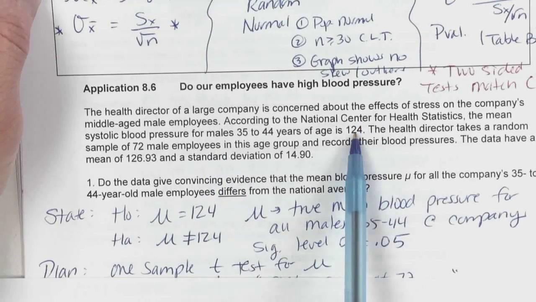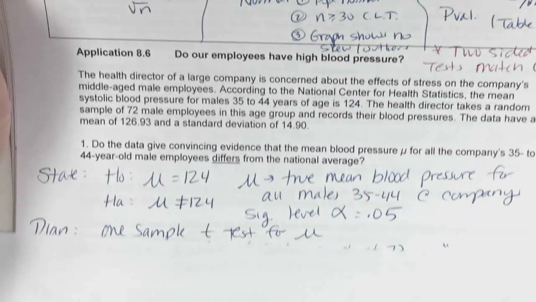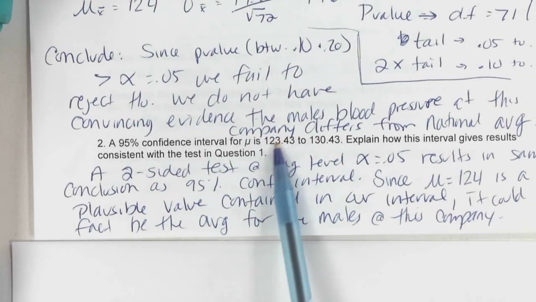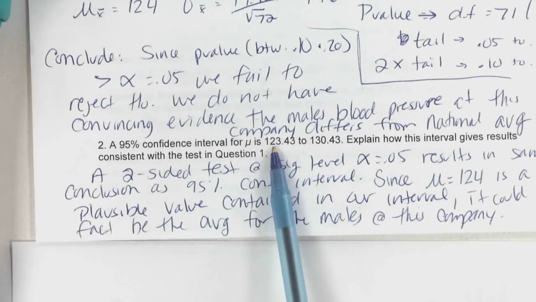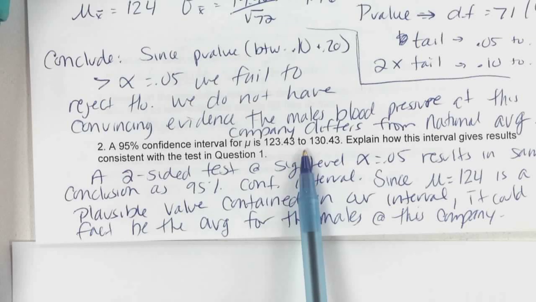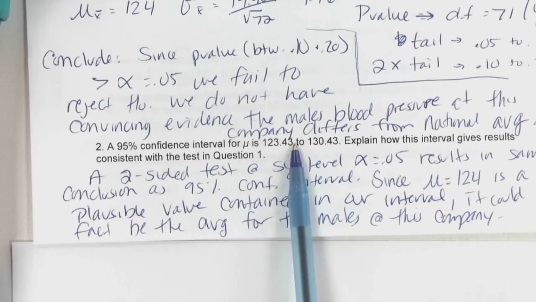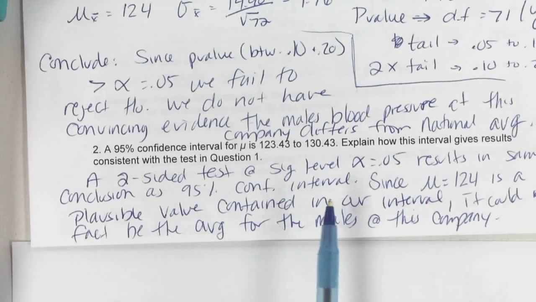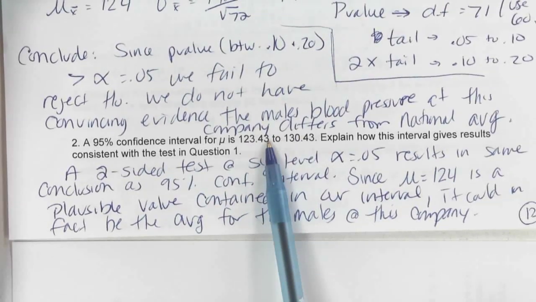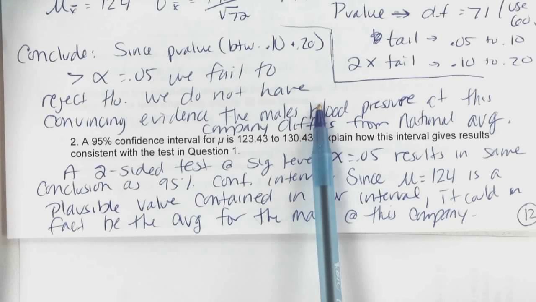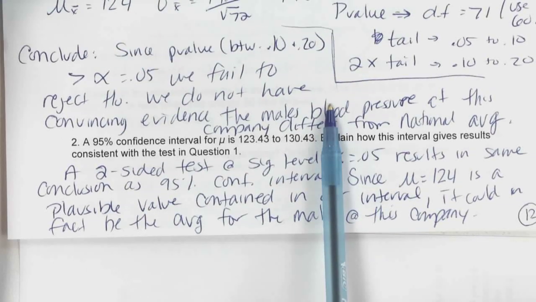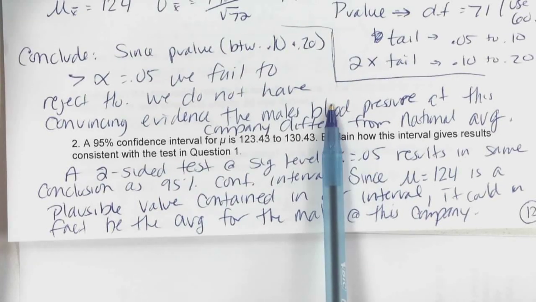So if this is a plausible value, it would be in the confidence interval, which 124 is. It does not matter how close it is to one bound or another. That has nothing to do with it. It is only whether it is in the interval or is not in the interval. And since it is in the interval, it's plausible, and that coincides with the same conclusion we found here. We couldn't reject 124 because it's possible that their average truly is the same as the national average.